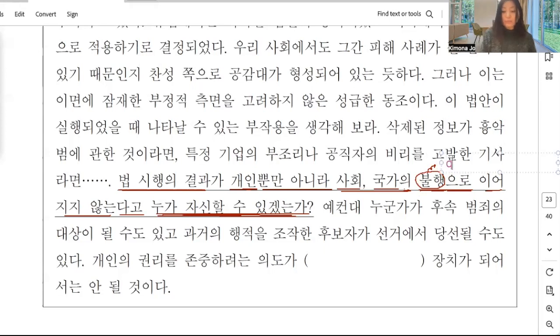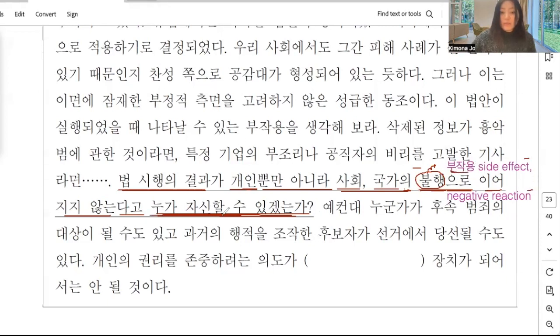So this is a side effect, 불행, unhappiness. This is the 부작용, side effect, or its negative reaction. That's 부작용. So 불행, this is a negative, unhappiness. That's why 부작용, side effect, or negative reaction. This is also negative meaning.